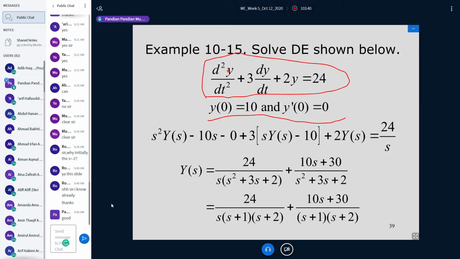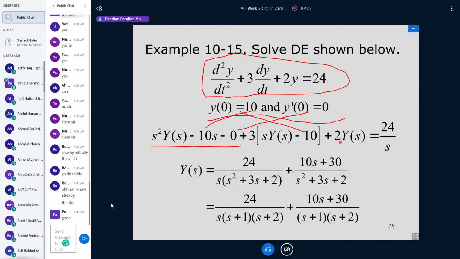You know second order, this is s squared Y(s) minus 10s, this is y(0) s, minus y'(0). So y'(0) goes here, this 10 goes here. Plus 3 times sY(s) minus y(0), this goes here, 10.